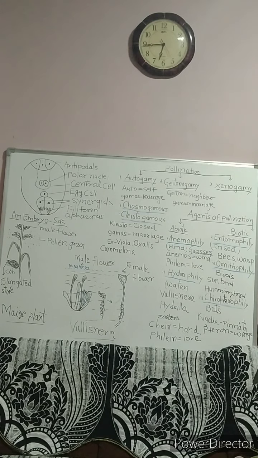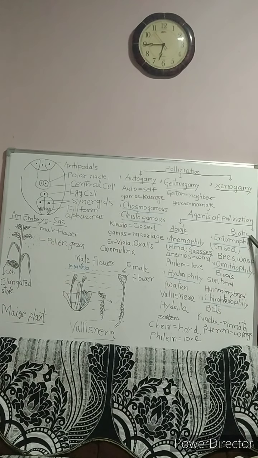So these pollen remain submerged and move along the current of water. When they come on the stigma of the female plant, they cause pollination. So Zostera, Vallisneria and Hydrilla are examples of water plants.